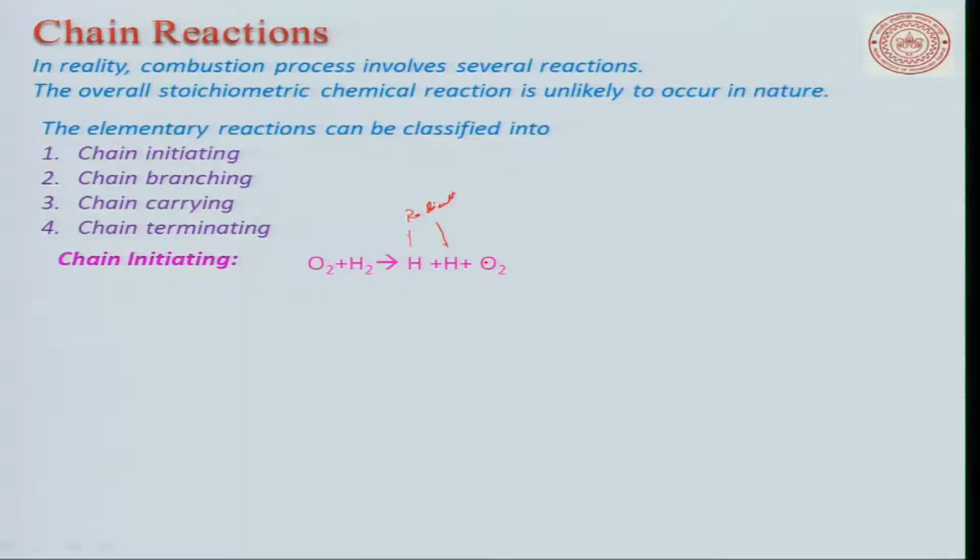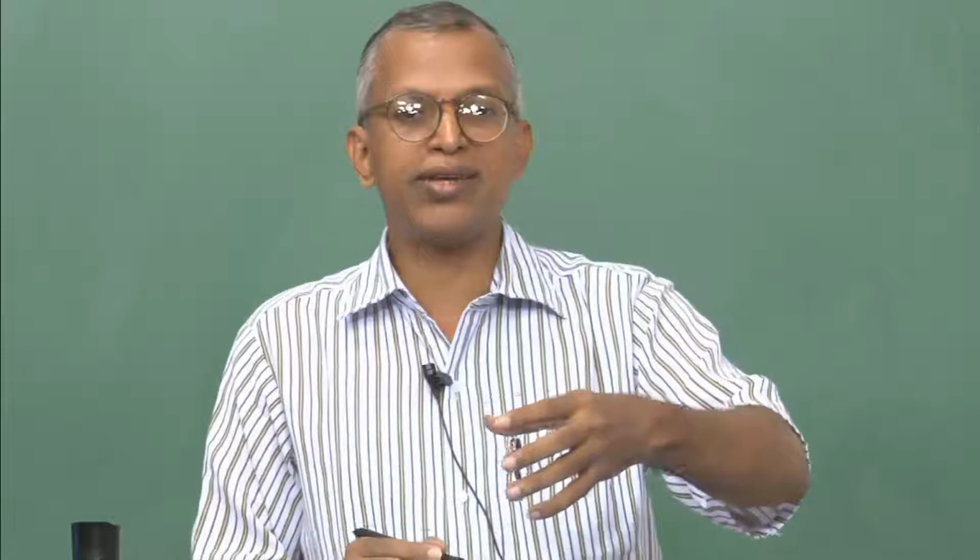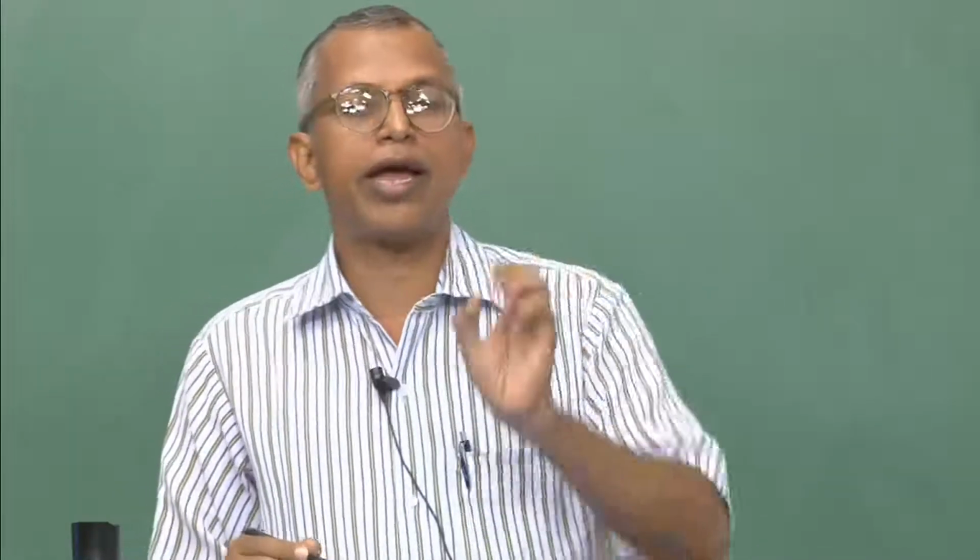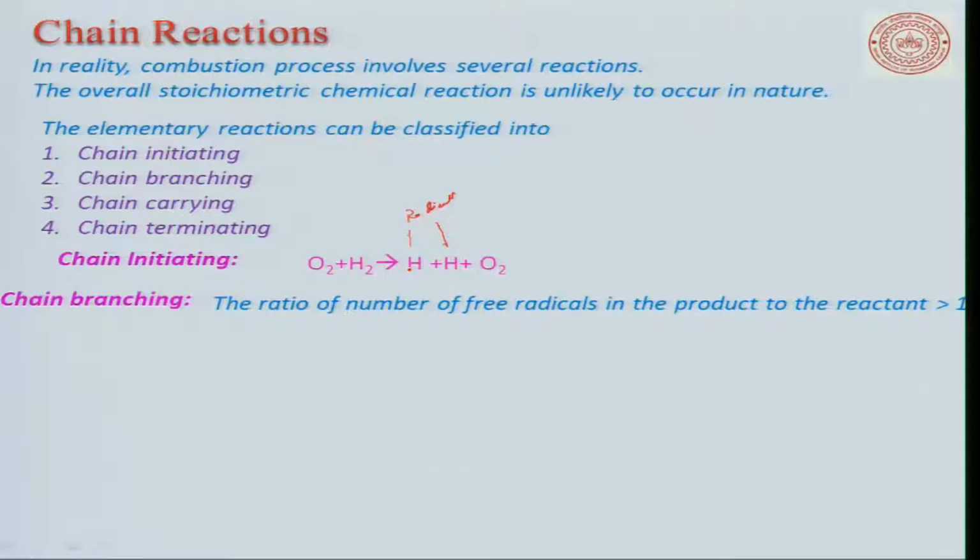So, this is basically initiation: you convert the stable to the unstable, carrying forward a lot of energy. That is the chain initiating reaction. Then chain branching, where the ratio of the number of free radicals in the product to the reactant is greater than 1, only then do we call it chain branching.